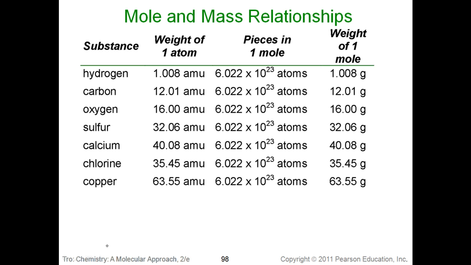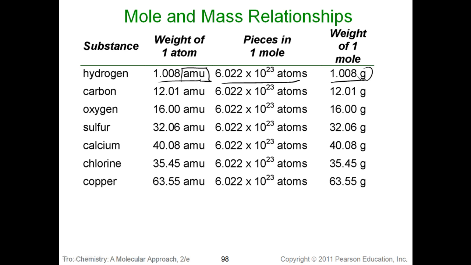All right, so here we go. This chart shows that 1 atom of hydrogen weighs 1.008 atomic mass units. If you have 1 mole of hydrogen, you have this many atoms of hydrogen. And now 1 mole of hydrogen weighs the exact same number, but it's the units that have changed. It's grams. And a gram's a lot heavier than an atomic mass unit.